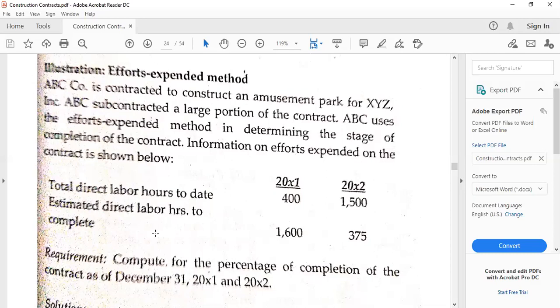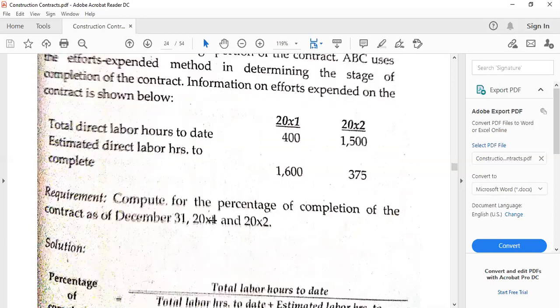However, for the estimated cost to complete or estimated efforts expended to complete, that is not cumulative based on the past. It would be cumulative of the future. So this is cumulative of the past. This is cumulative of what is to come for the company.